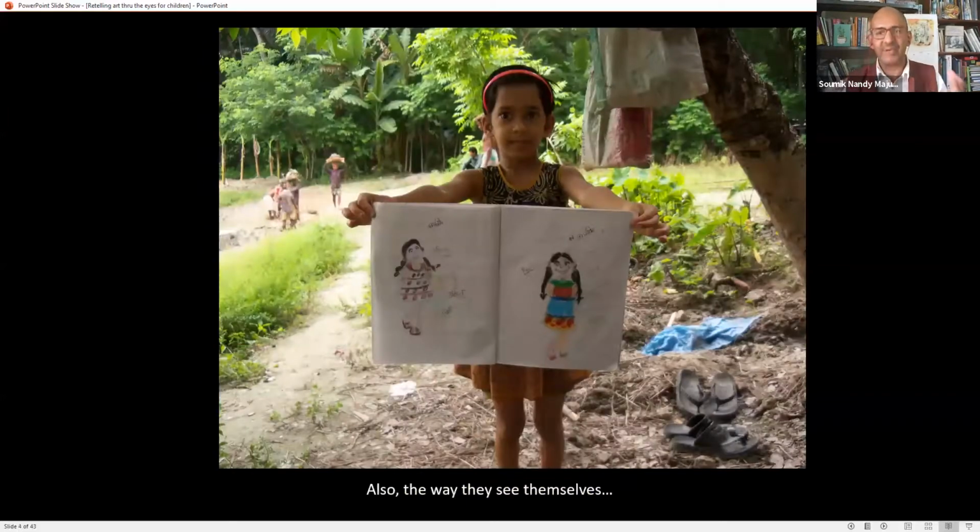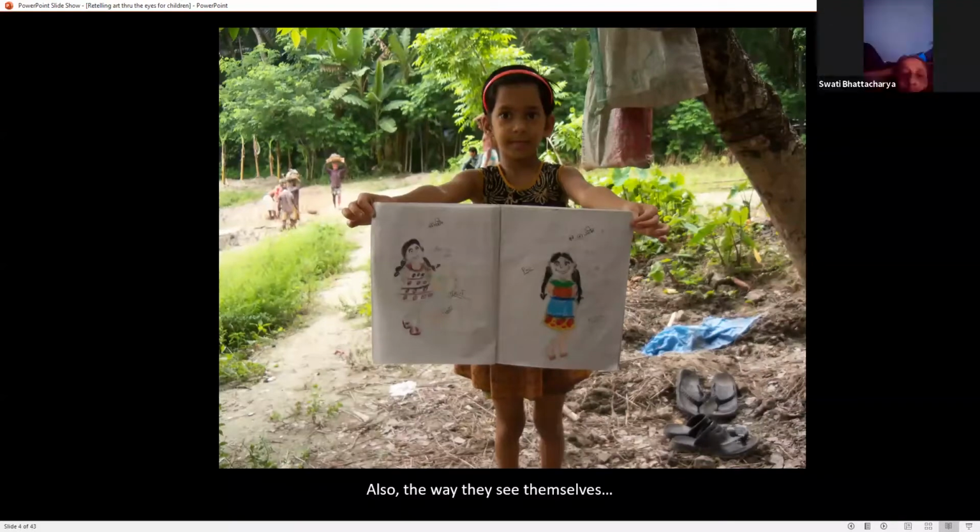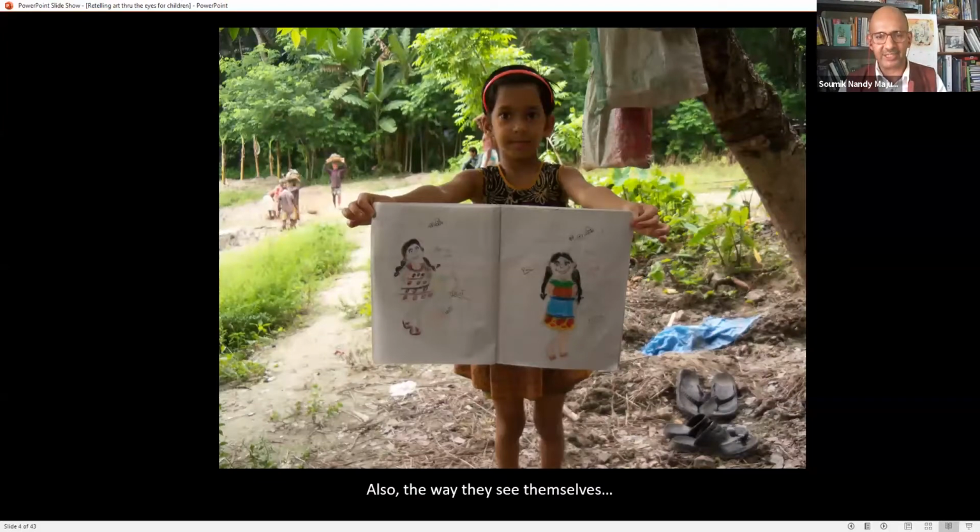And so they make us see the way they see the world, and they also make us see the way they see themselves. For example, when I asked that same girl, Taslim, can you draw yourself? Can you paint yourself? She said yes. And she showed me these two paintings, which she did on her exercise book, which she was not supposed to do. But anyway, she did that.